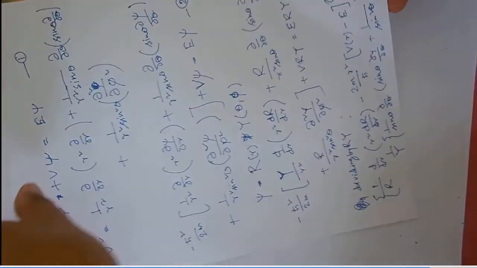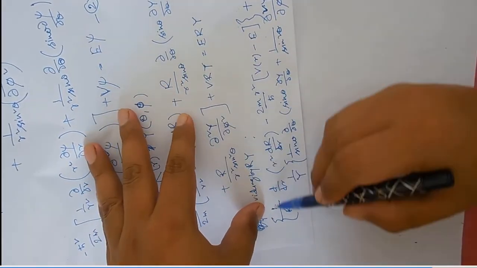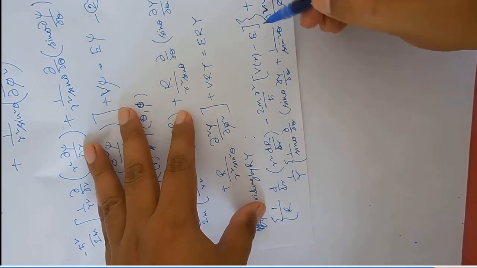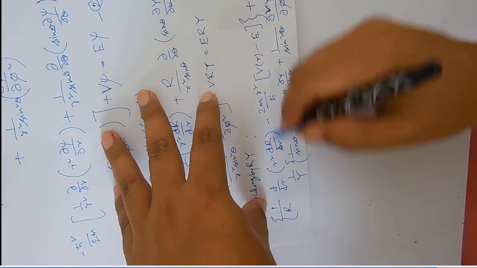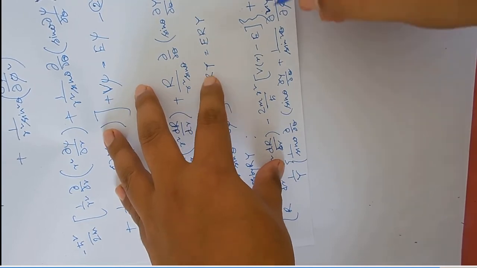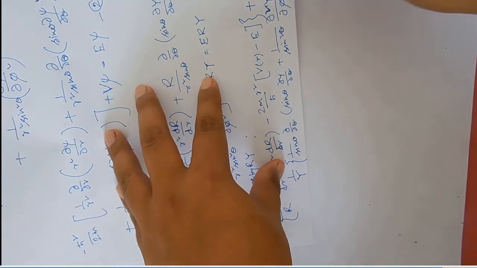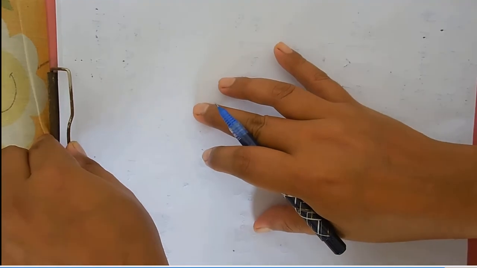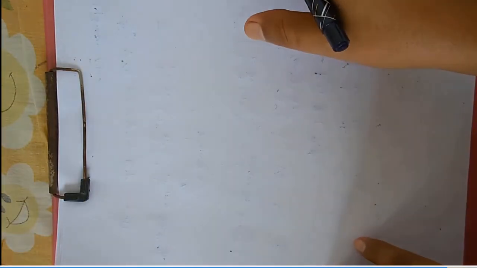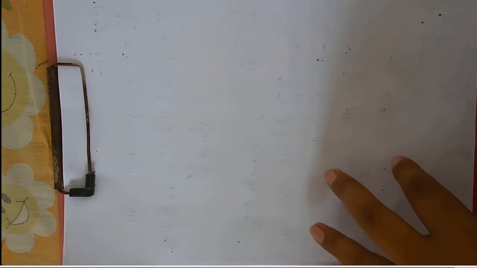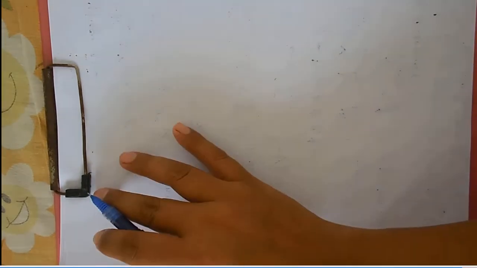Here you can see the first part consists only of a function of r, and the other part is only a function of angles. This is only possible if and only if these two parts are equal to the same constant, because one is a function of r and the other a function of the angles.